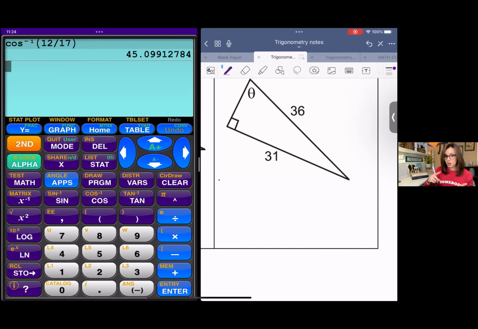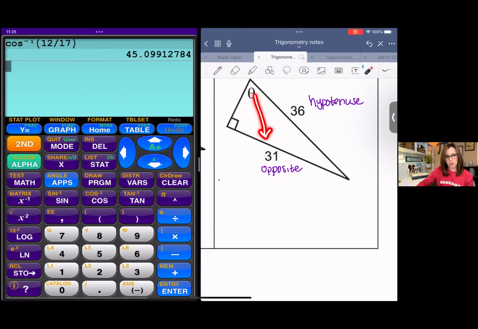So in reference to theta, we are given the hypotenuse and opposite side because it is across the triangle. So that's opposite. And then the hypotenuse is across from the right angle, which means if we have opposite and hypotenuse, we're going to be using sine theta equals opposite over hypotenuse.